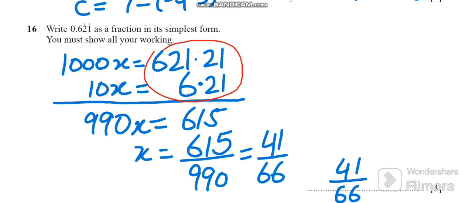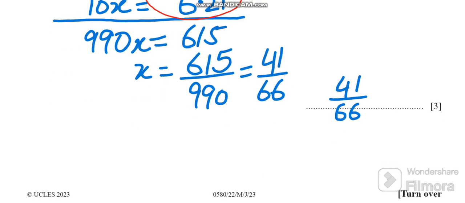That will be 615. So 990x is equal to 615. And the value of x is 615 divided by 990. And we simplify it, and the answer will be 41 over 66. So the simplest fraction is 41 divided by 66.